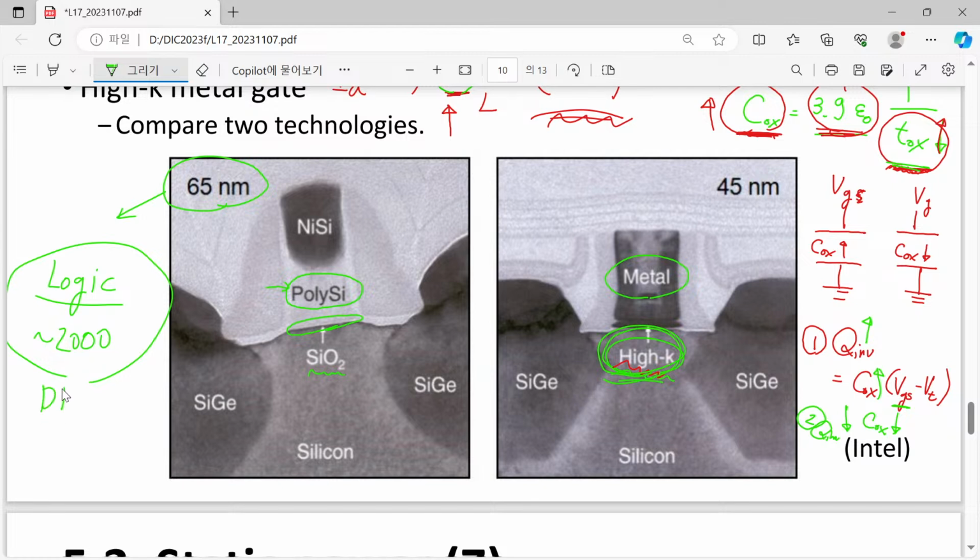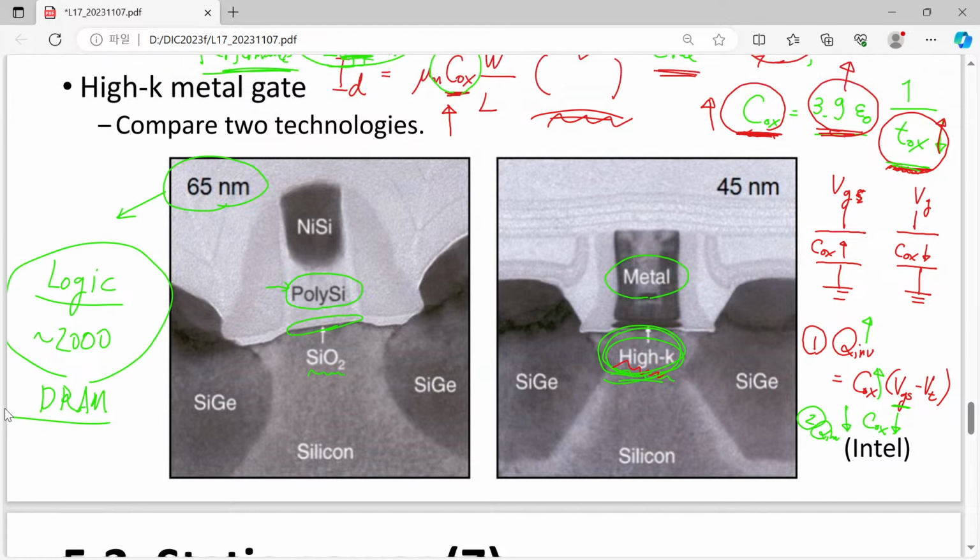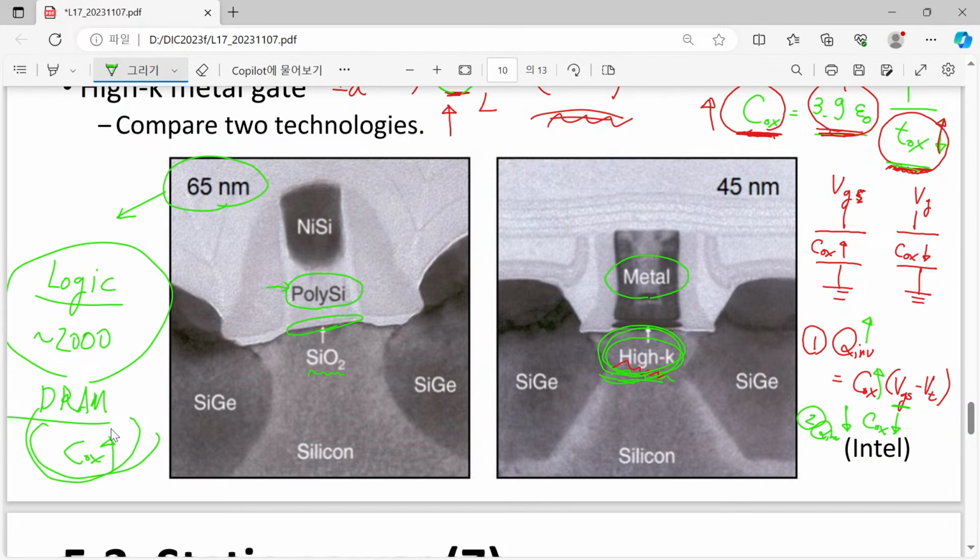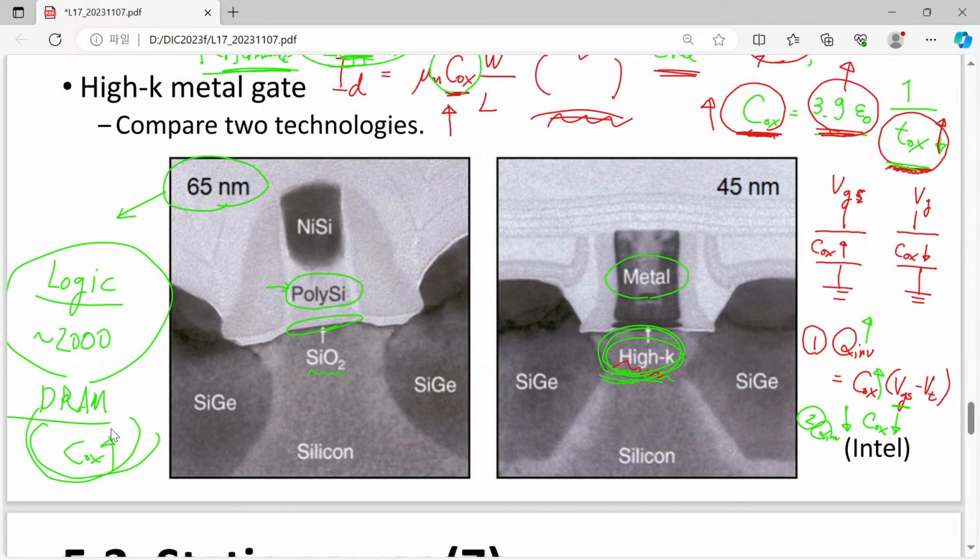What happens with our DRAM? In DRAM, it was just introduced a few years ago. I mean that DRAM engineers know that high-K metal gate introduces quite good advantages when we consider COX. They also wanted to increase COX eagerly. However, when we introduce such a high-K material into DRAM, we can observe all kinds of problems not expected in this DRAM field.